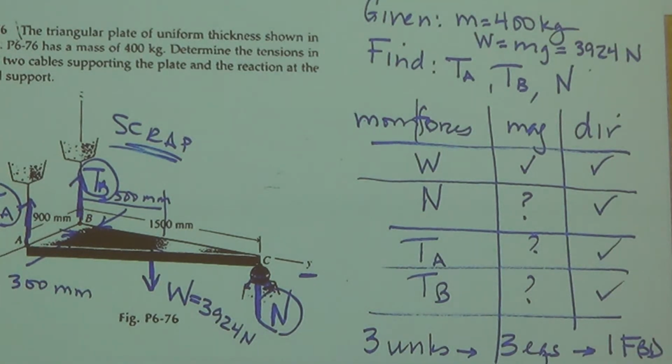Sum of the moments about the x-axis allows us to find N because the only things in the equation would be N and W. Sum of the moments about y would allow us to find TA because the only thing in the equation would be TA and W. And then what would our third equation be?